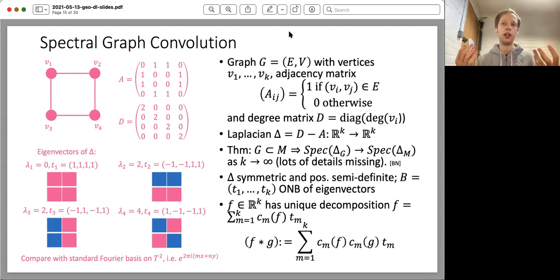Those are vectors in R^k, but if you want, you can think of these vectors as functions from your vertices into the real numbers. And the convolution is defined like this: you exactly multiply the coefficients with each other. If you want, you can take that as a definition of convolution on the torus, for example. There's an eigenbasis of the Laplacian, and you can multiply the coefficients of these eigenfunctions. And that gives you the same thing as I've written down in the beginning.